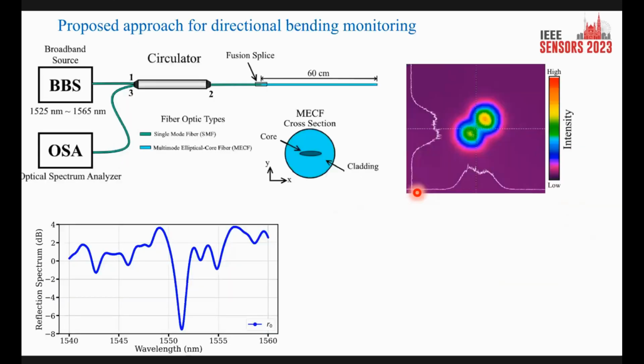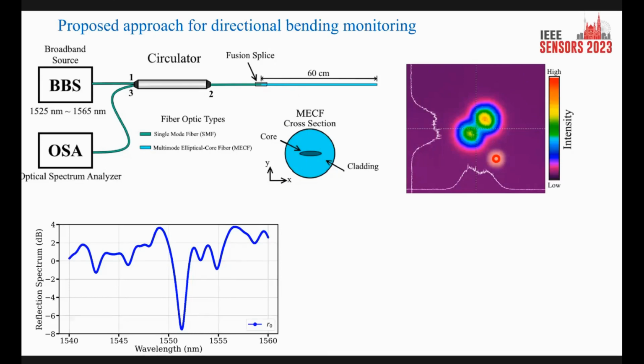Well, here, what we propose is to use one fiber, one source, and one detector. We use multimode fiber. In this case, it has an elliptical core. We splice it to a standard fiber. We don't really need to mind the direction of the core. We can see here the intensity distribution at the output of the fiber, at the tip of the fiber.